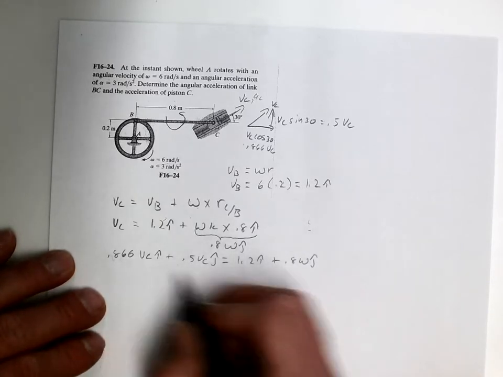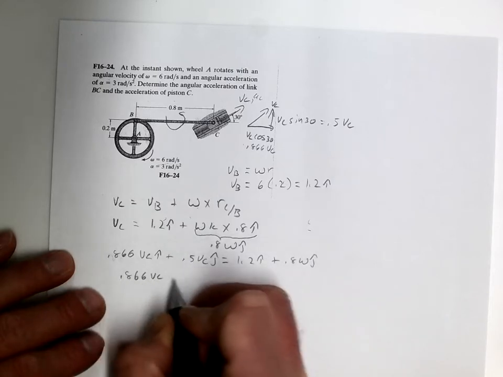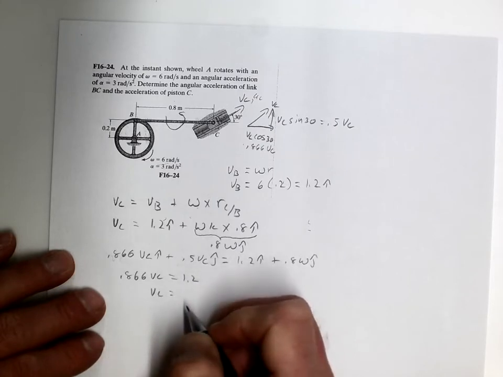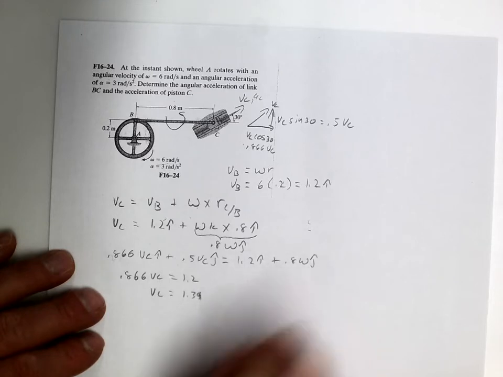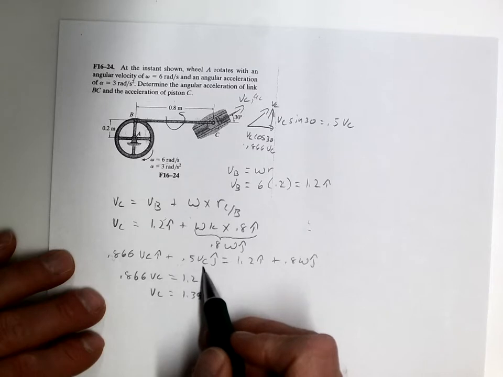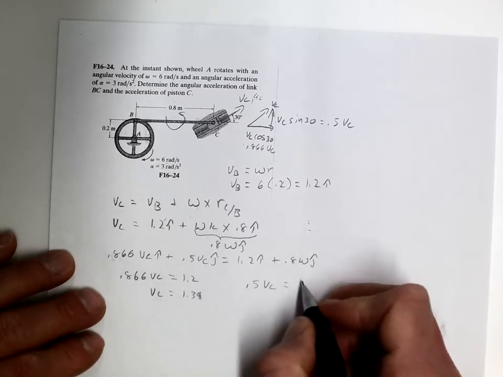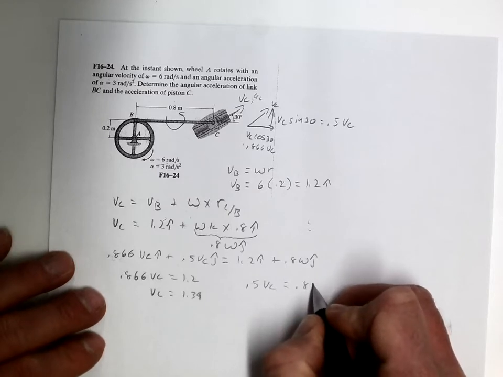So separating the I's, we have 0.866 VC is equal to 1.2, and VC is equal to 1.39. Separating out the J's, we have 0.5 VC is equal to 0.8 omega.